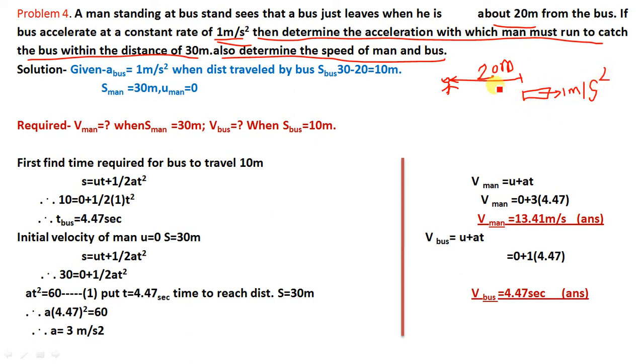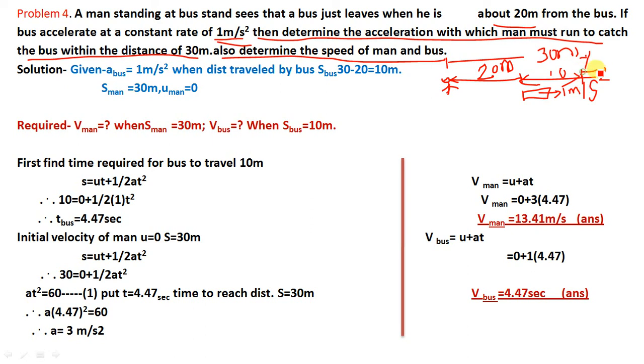So the man must run with some velocity in order to catch this bus within the distance of 30 meter, when this bus travels 10 meter more. So this distance is 10 meter. Now the total distance is 30 meter. He has to catch this bus at a distance of 30 meter.